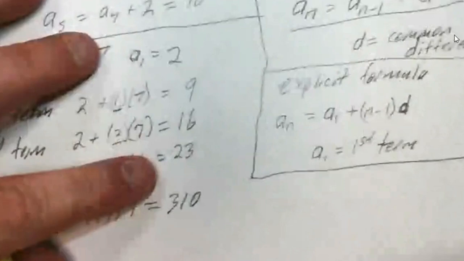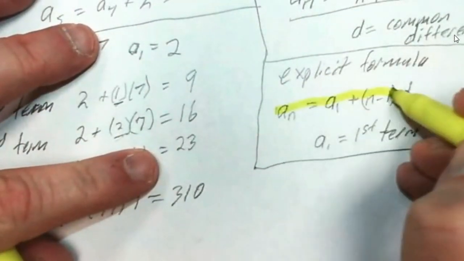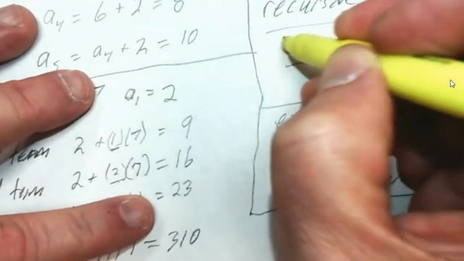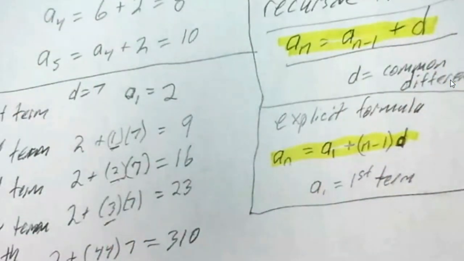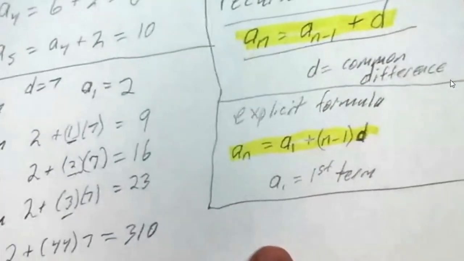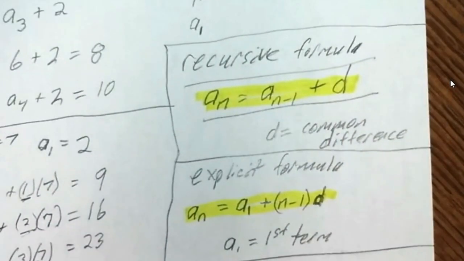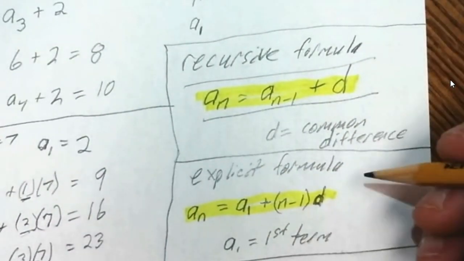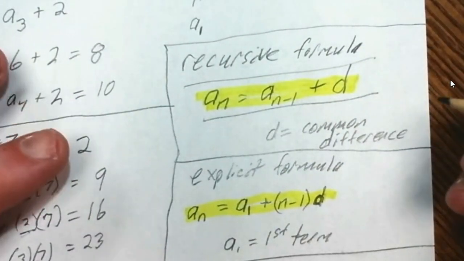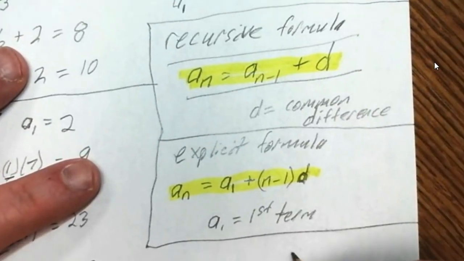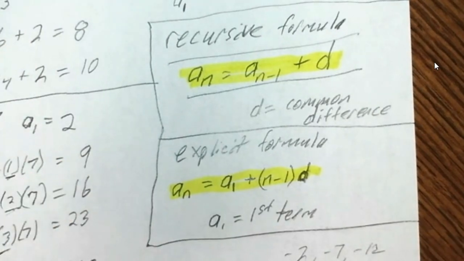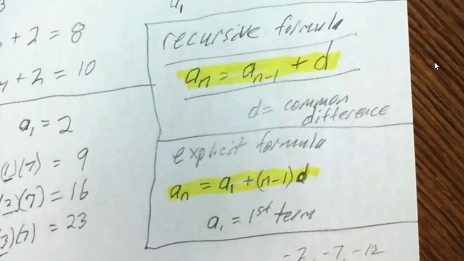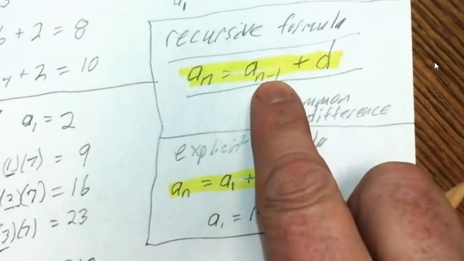So let me highlight our 2 formulas here. You can use whichever formula works best for the problem. If I give you a sequence that's just -2, -7, -12, and I say find the 5th term, well, you may want to use this one.